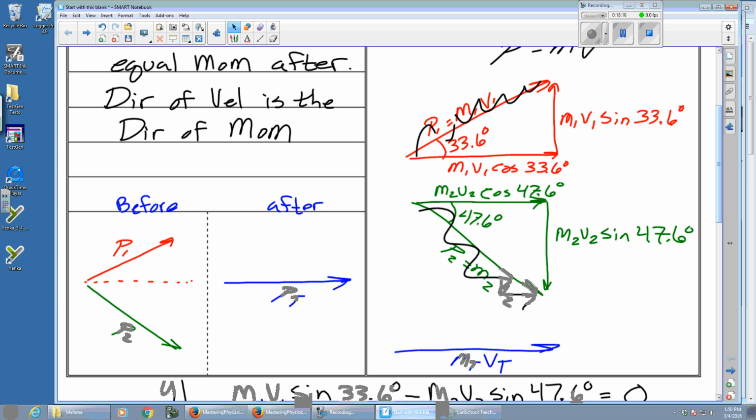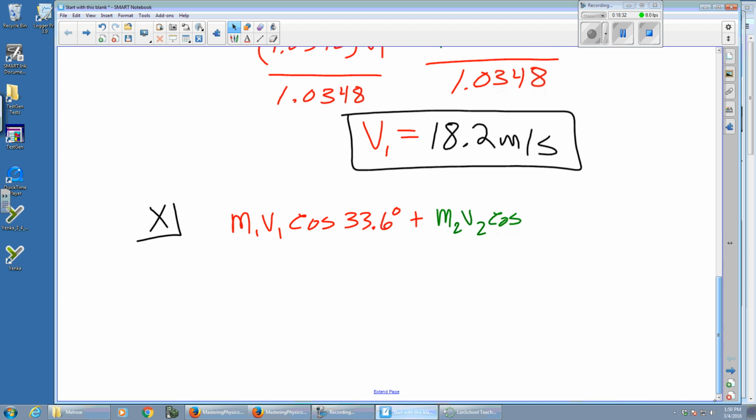They tell us whether our terms are positive or negative. So because both these point towards the right, they're both positive. And so is the one afterwards, right? Yeah. So that's why it's good to be kind of careful about drawing these. M2V2 cosine 47.6. And that has to equal mass total, velocity total.